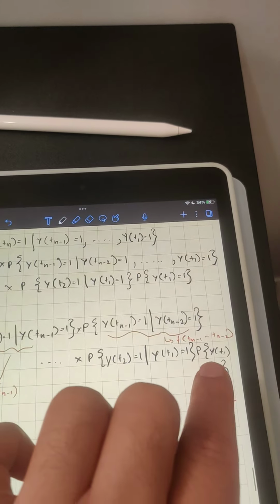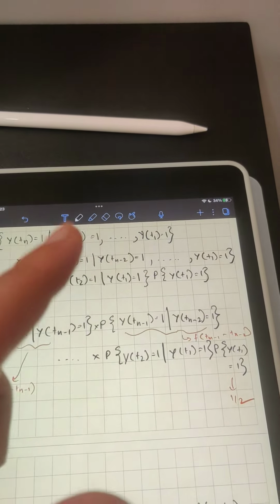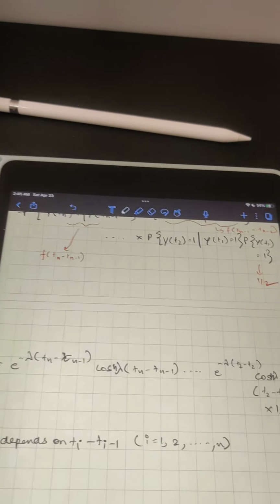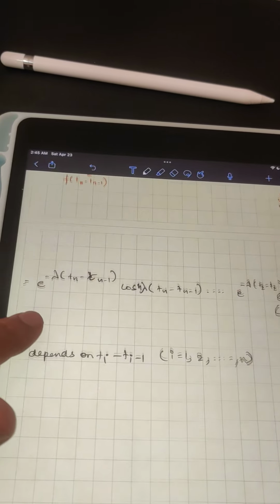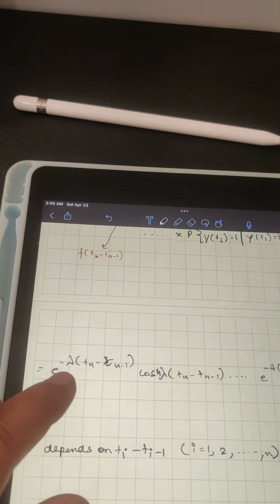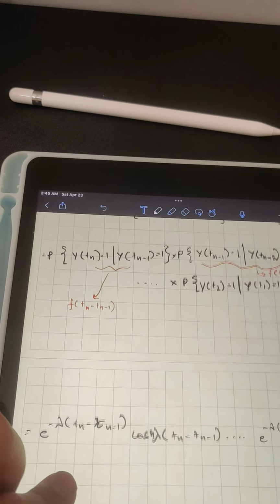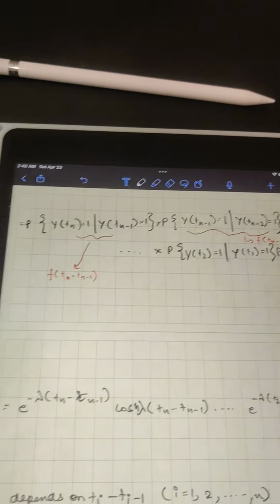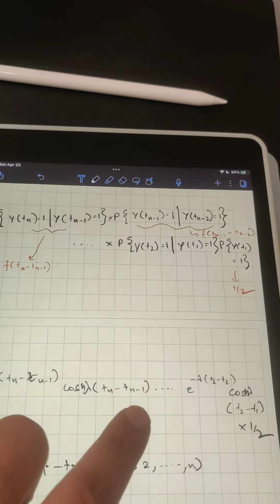And this last term Y(t1) is half, because it is half going to be plus 1 and half going to be minus 1. And then we can write this as e to the power of minus lambda t(n minus 1), because I said these are functions of tn minus 1. So I'm just showing you how, like that.